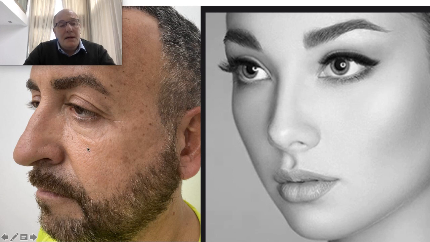And this patient has no volume in the malar and the cheek. The distance from the tarsal to the cheek is this one, and it's a very long distance, a characteristic of unbeauty. And also the lack of volume of this area is unbeauty.